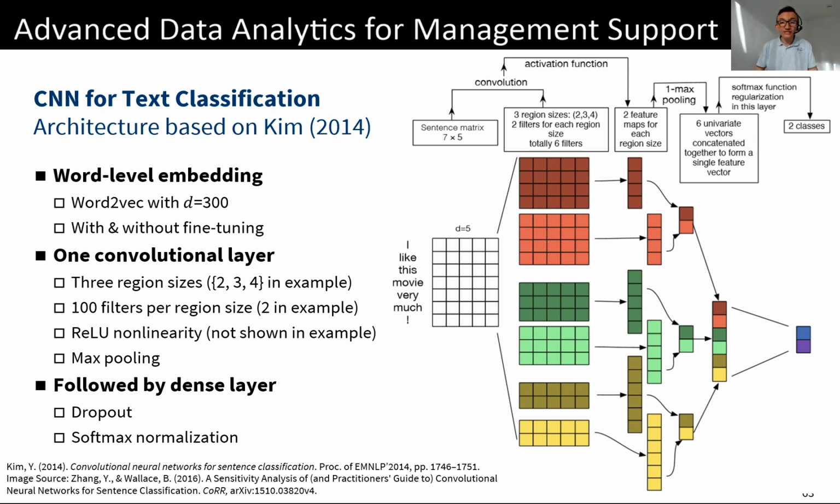And for each region size, he's showing 2 filters in the picture. Actually, he was using 100 filters per region size in order to crunch through his text. And then we have max pooling in his architecture for the reasons I was outlining before.